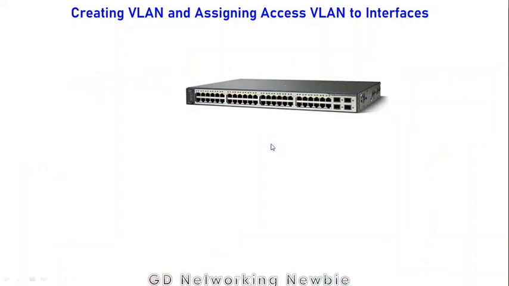Now this is a switch. We have to create two VLANs, and we have to distribute or divide the available ports or interfaces, which you can see here, between those VLANs.